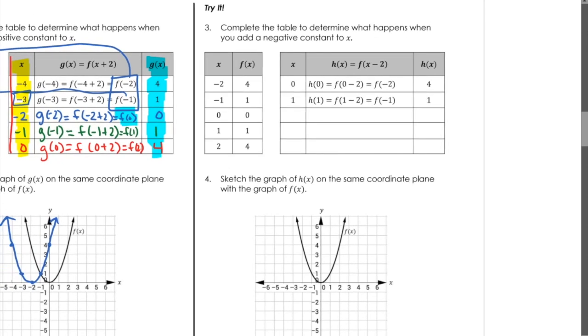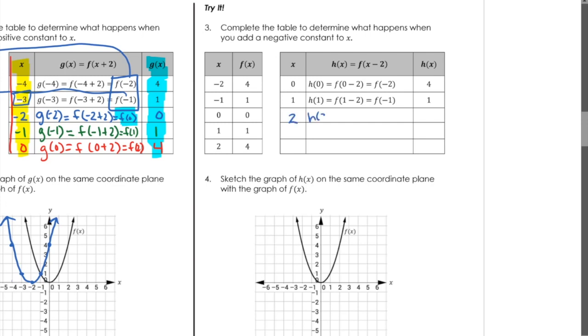Complete the table to determine what happens when you add a negative constant to x. So this one, we started at 0. We plugged it in. 0 minus 2 gave us -2, and that answer was 4. Then we have 1. That answer was 1. Now, if you notice, this is going 0, 1, so the next number would be 2.